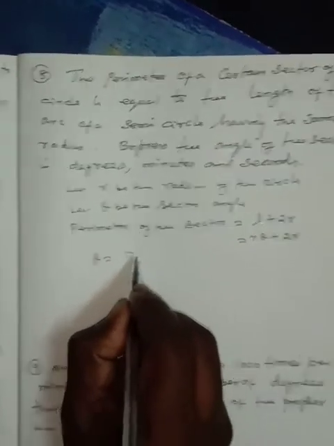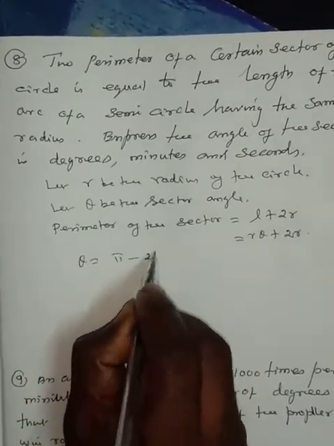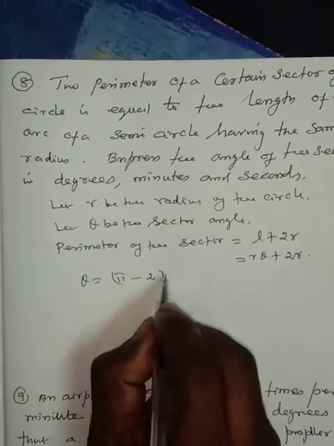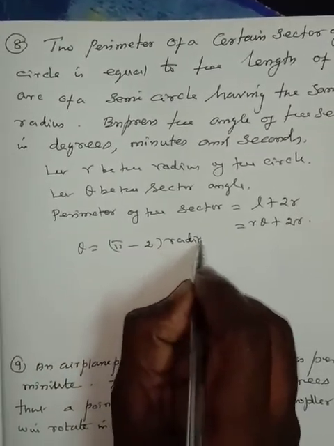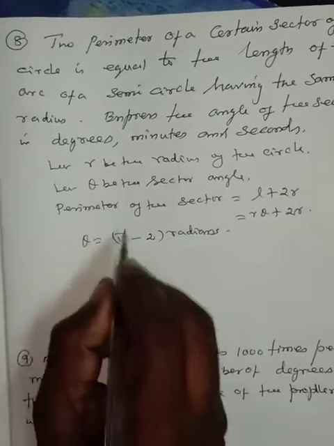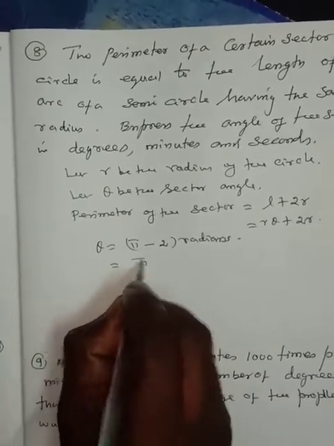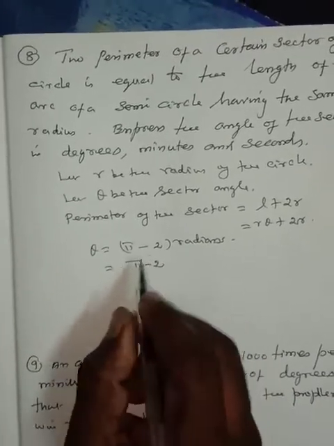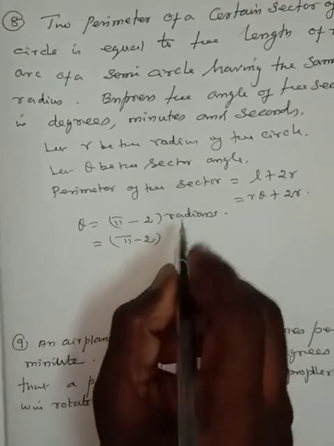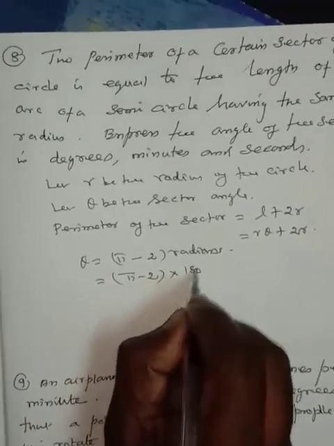Theta is equal to pi minus 2 radians, is equal to pi minus 2 into 180 divided by pi.